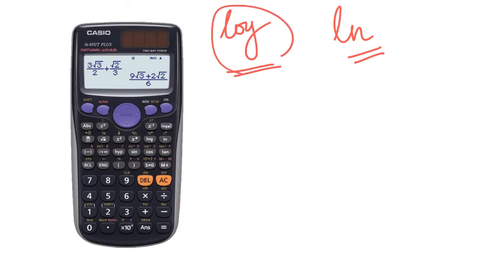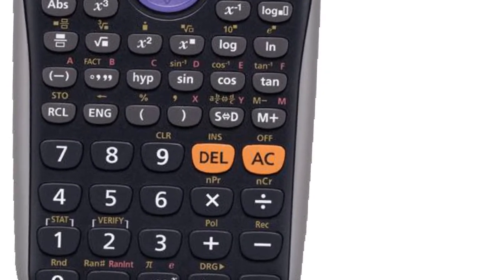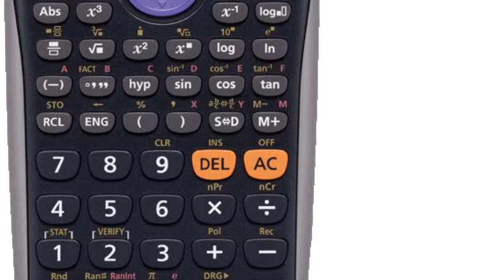To do this, you should be using the relevant buttons on your calculator, which are over here. That is the log to the base 10, and that's the log to the base e, the natural logarithm. That's written as ln. So this is ln and that's log. We're going to be using these two buttons.